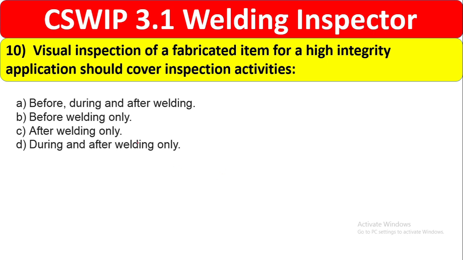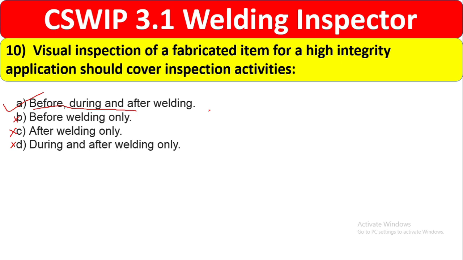So this is the correct answer: before, during and after welding. This is very important in CSWIP 3.1. In the CSWIP book there are welding roles and welding inspector roles and responsibilities. You can check there what the inspection coverage or activity should cover.